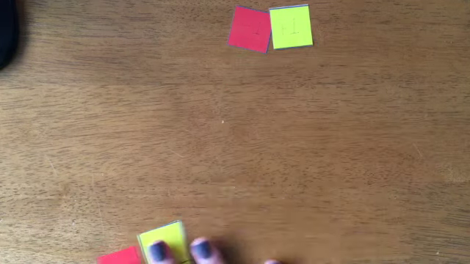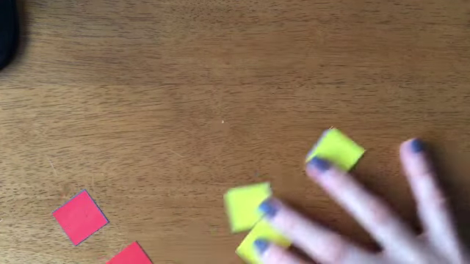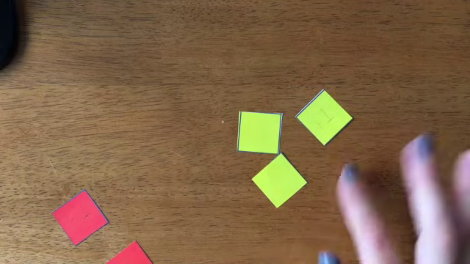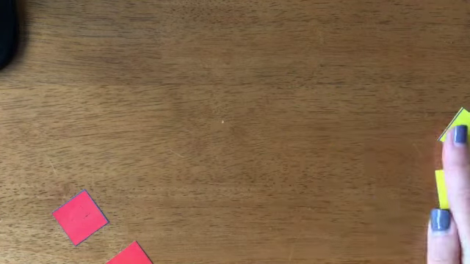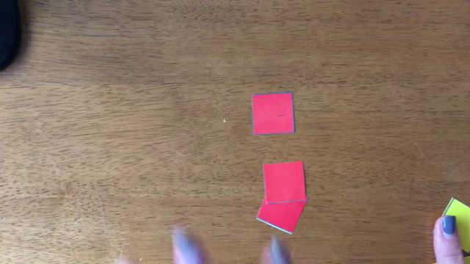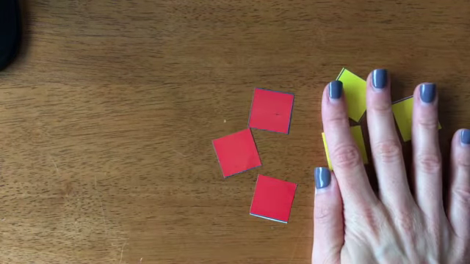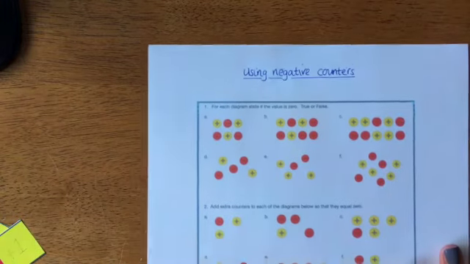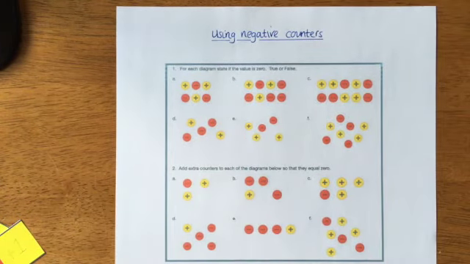So if I said to you, what's the opposite of +3, you would tell me -3, because that's the opposite. Right, so what we're going to do is look at how these work.